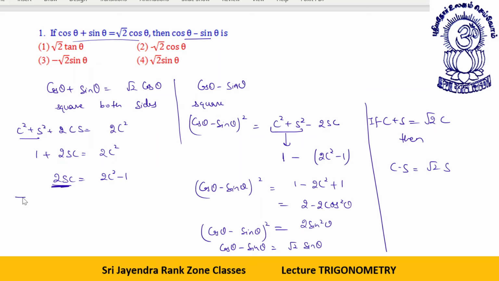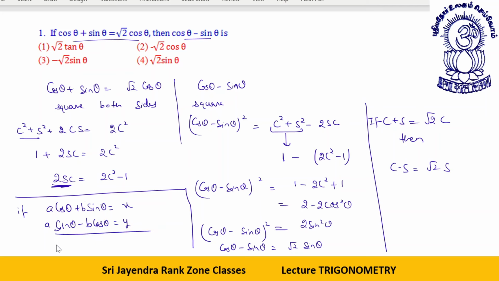The next thing which I need to tell you is, look, dear students. You remember, if a cos theta plus b sine theta is equal to x, and a sine theta minus b cos theta is equal to y, then what happens? a square plus b square is equal to x square plus y square.